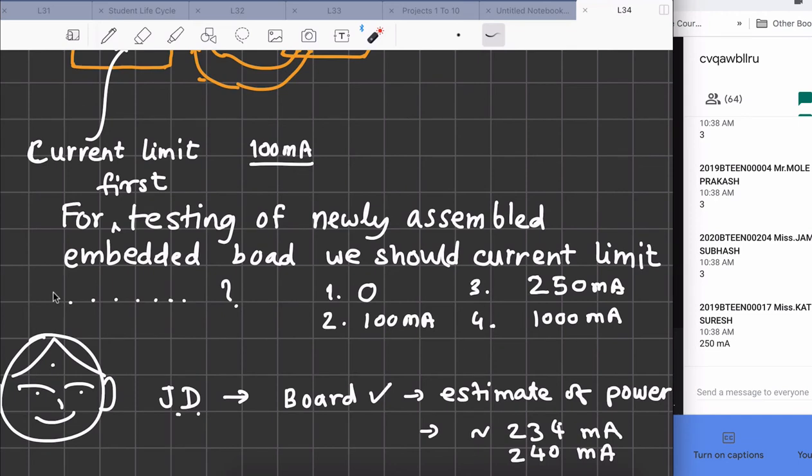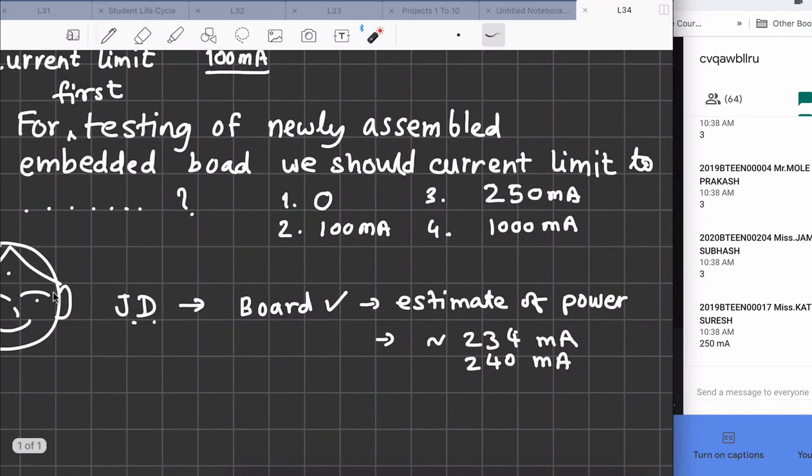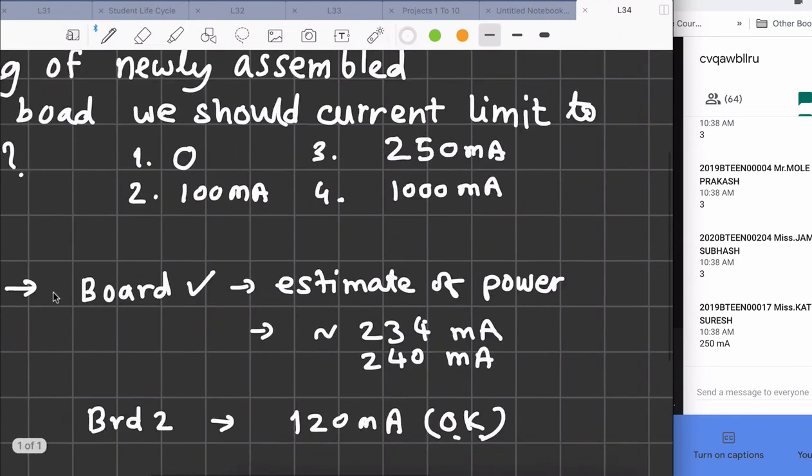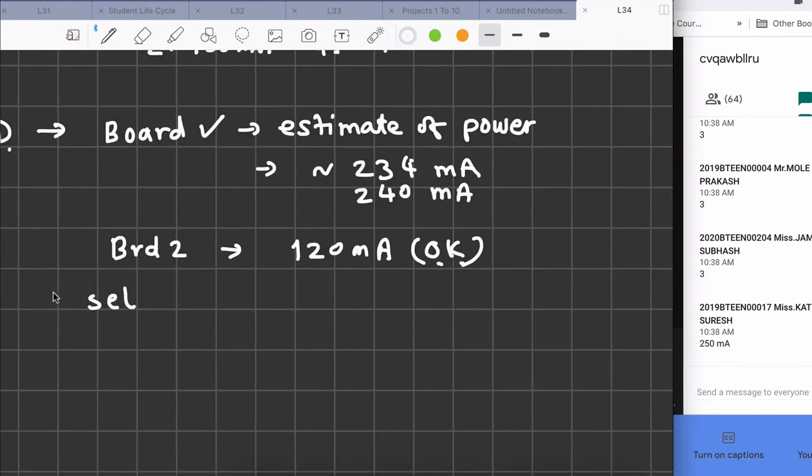Okay. Now suppose she has one more board, board 2, which has an estimated current of 120 milliampere, and the board is okay. So what she did is she set the current limit to 250.